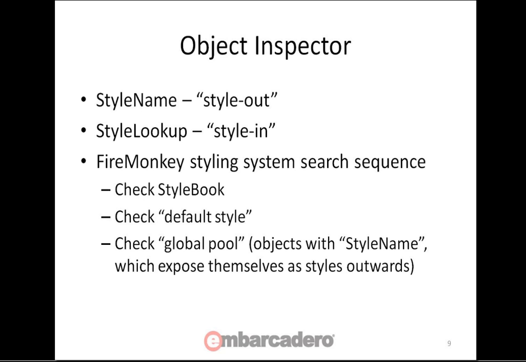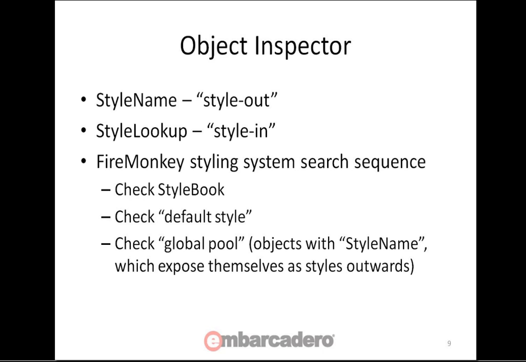And please note that style lookup is available for classes with the parent TStyledControl. So it means that these classes can use some style. But style name is available for classes which can be used as the styles, like, for example, a rectangle.